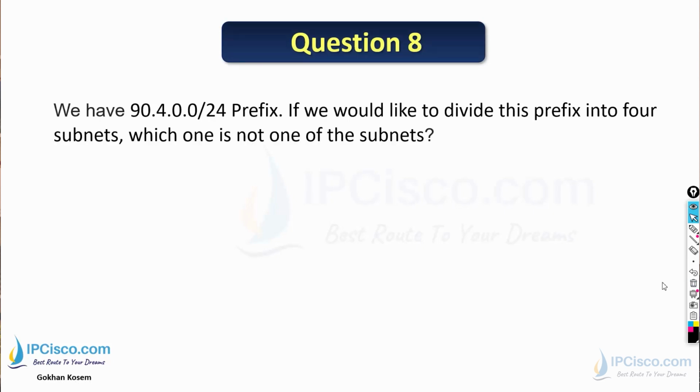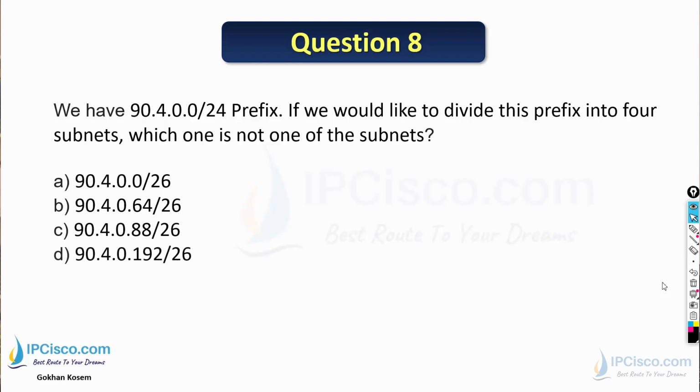Question 8. This is our last question. We have the 90.4.0.0/24 prefix. If we would like to divide this prefix into 4 subnets, which one is not one of the subnets? Here are the answers and I will give you some time again.